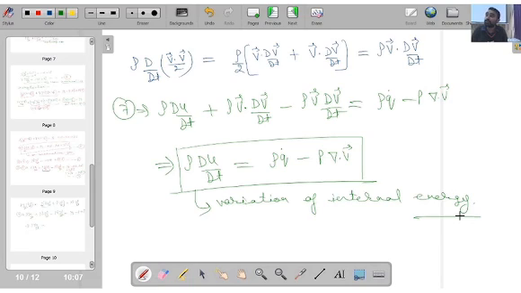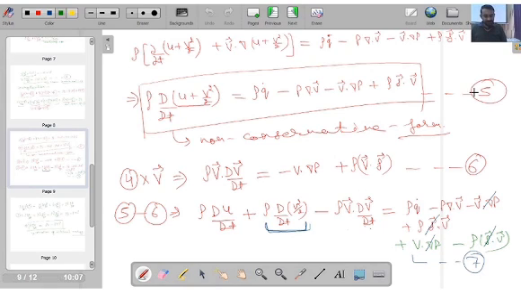Many times this equation is also called the equation of thermal energy. Internal energy is nothing but thermal energy, which comes because of the molecular motions. Equation number 5 had u plus v square by 2, which was the total energy. So u was microscopic energy and v square by 2 was macroscopic energy.